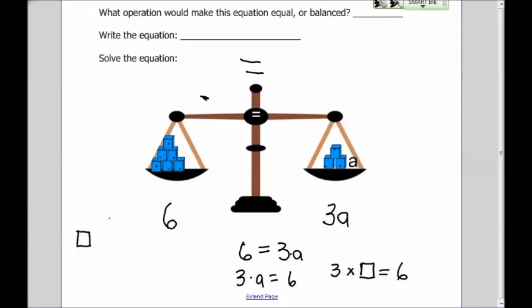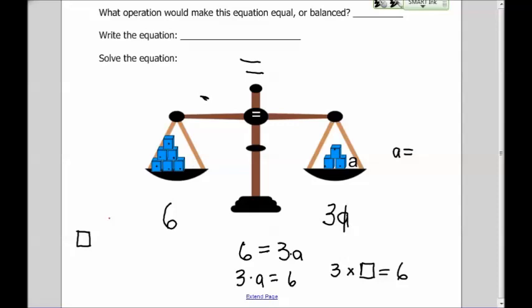What does that something equal? What could that box, what could A be to make the scale balance? If A is 1, that makes it 3. And 3 doesn't equal 6. You should know off the top of your head that A equals 2.